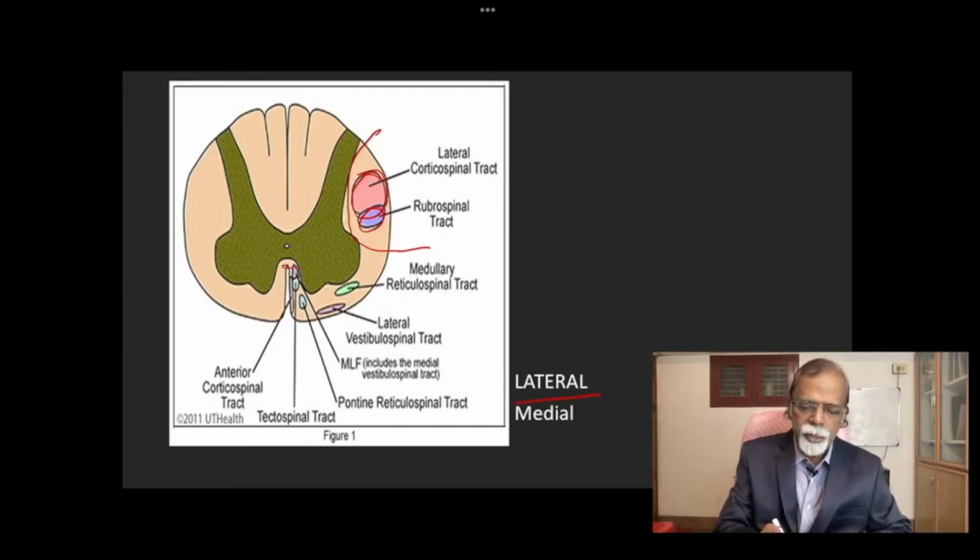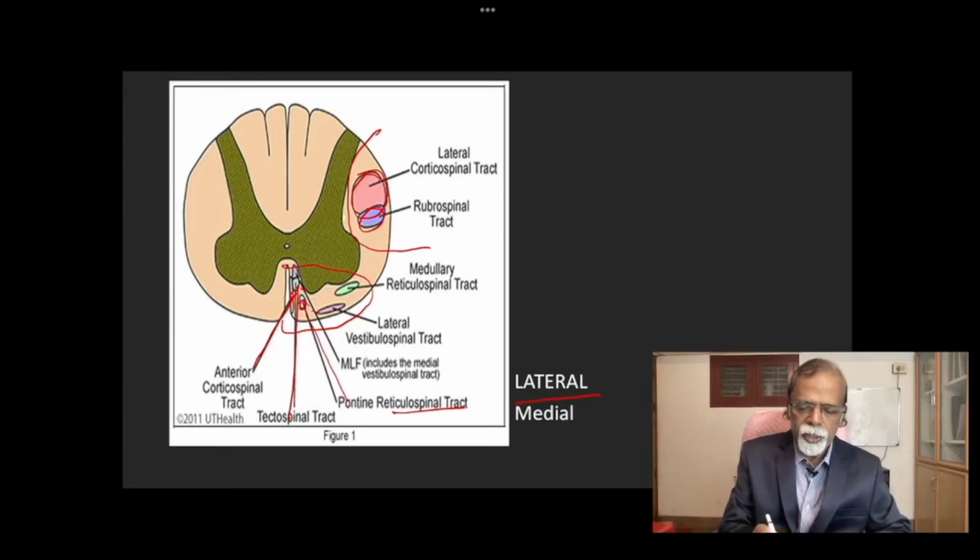Anteriorly, in the medial part, you can see the anterior corticospinal tract, that is the uncrossed corticospinal tract. Then the tectospinal pathway and the pontine reticulospinal, or medial reticulospinal, pathway. So they are on the medial part.